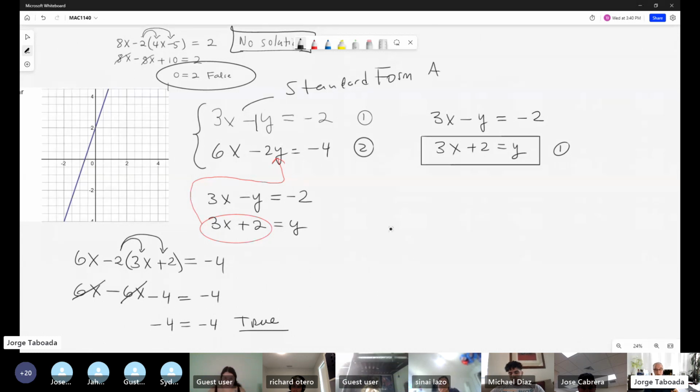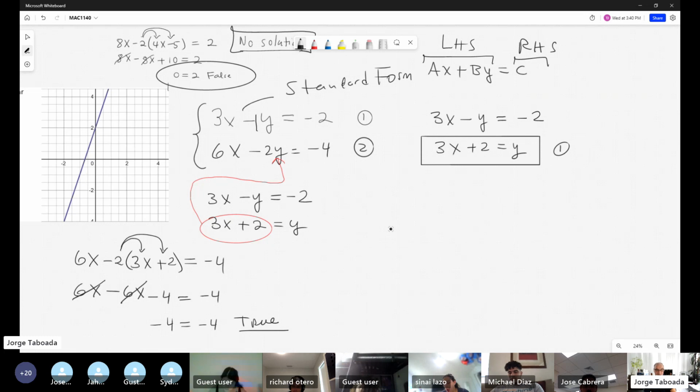It's when you write the equation like ax plus by equals c. So in the left hand side you have the variables x and y. This is the typical format in a linear system of equations. You put the variables in the left, and in the right hand side you have just a number. In this case it was negative 2 or negative 4.